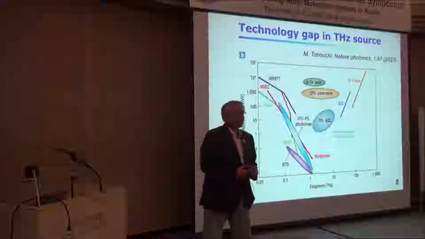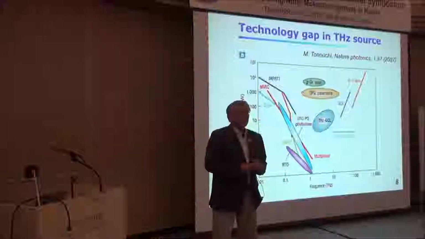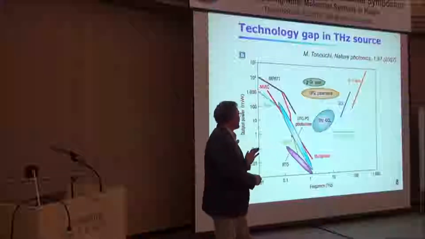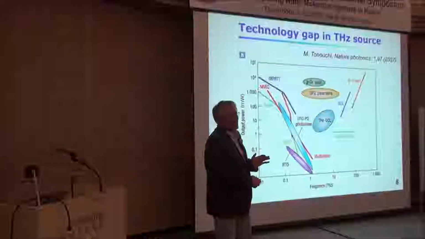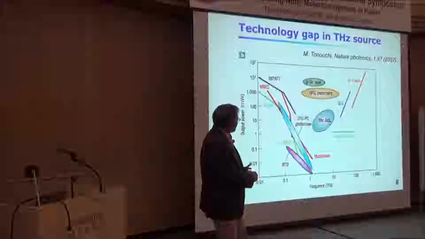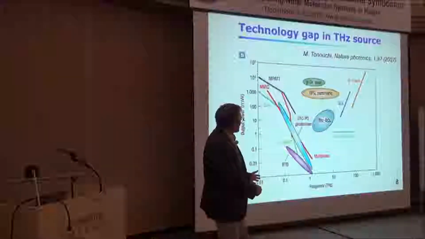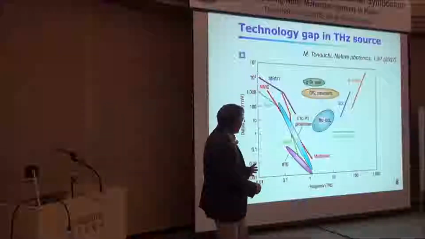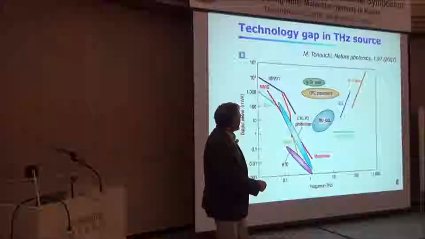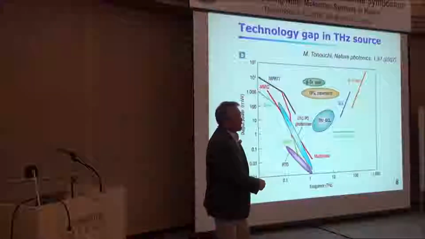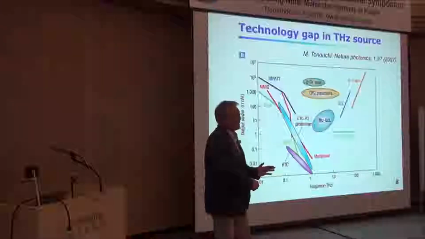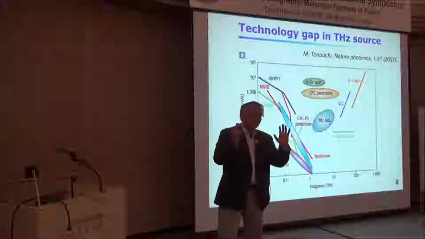If we look at the technology of light sources in the terahertz region, there was a technological gap before 2000. Semiconductor-based light sources decrease in power going toward 1 terahertz, and the other semiconductor-based light sources also decrease. So there is a technological power gap.